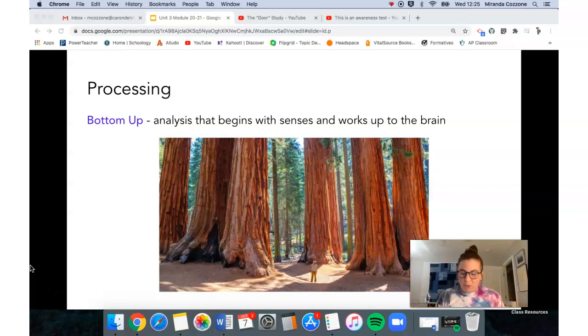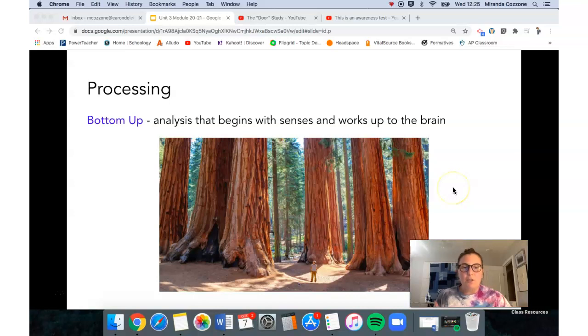Think about doing a puzzle: you have all of these pieces and you're trying to organize them into the whole piece, trying to figure out what this thing is. Imagine putting somebody in the forest for the first time who's never seen trees; they would have to piece together information to understand where they are and in what context. Like I said, this is the less common kind of processing.